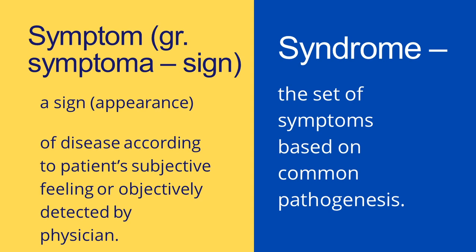What is a syndrome? A syndrome is a set of symptoms based on common pathogenesis, based on common mechanisms of development. Examples of syndrome: bronchial obstructive syndrome, as you mentioned before, or consolidation of lung tissue syndrome, or bronchiectasis syndrome, or hyperairness of lung tissue syndrome, and so on.